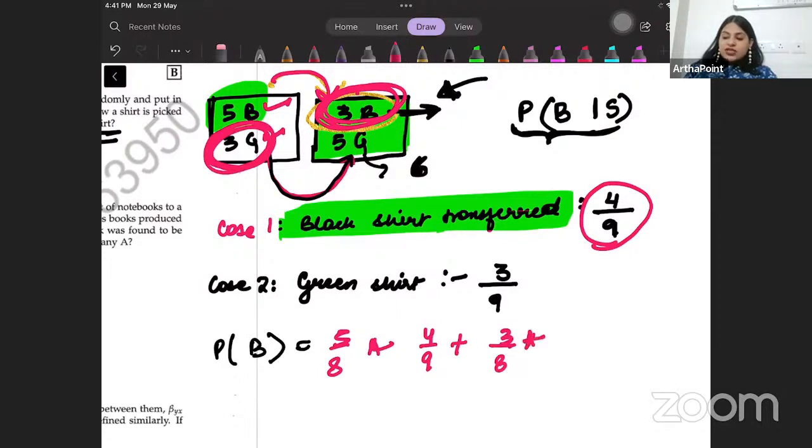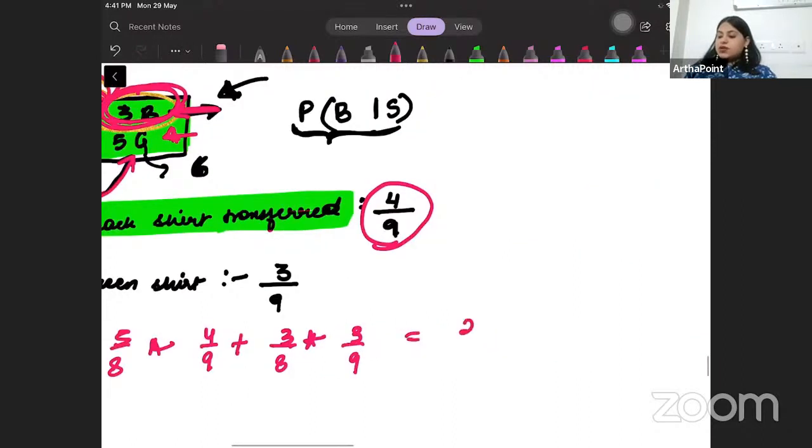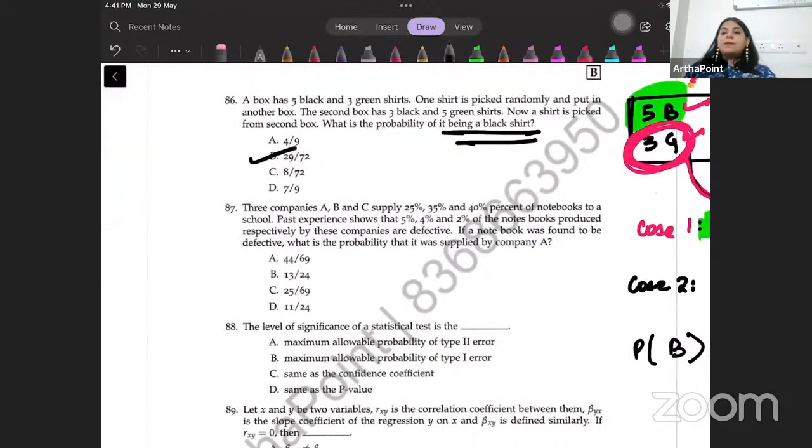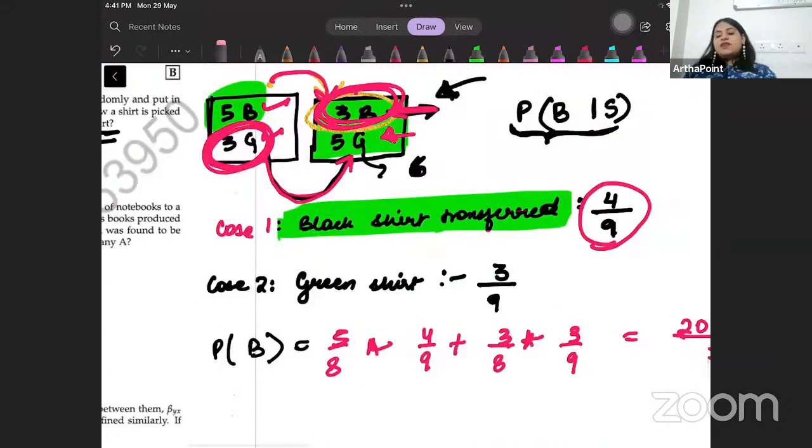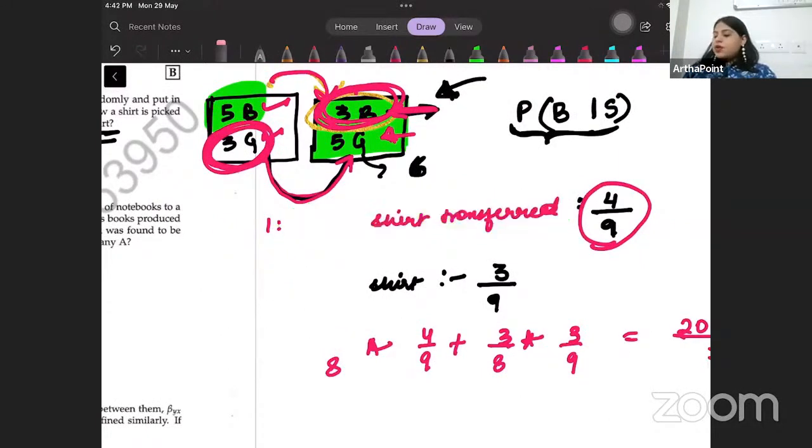And if I would have transferred a green shirt, there would have been 6 green shirts but only 3 black shirts. So its probability would have been 3 by 9. So this would have given me 20 plus 9 by 72. So 29 by 72. So the answer to this question would be B, 29 by 72. Try to understand what we are doing in this. Okay. Come to the next question.